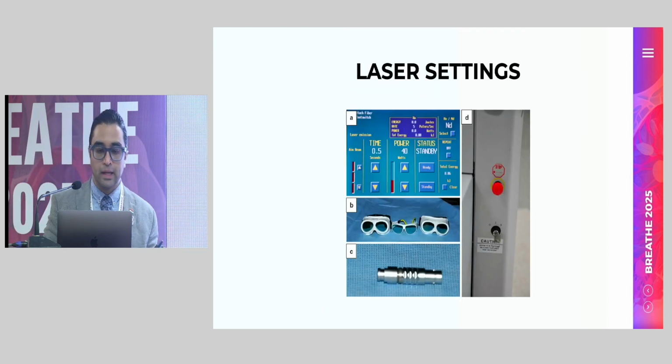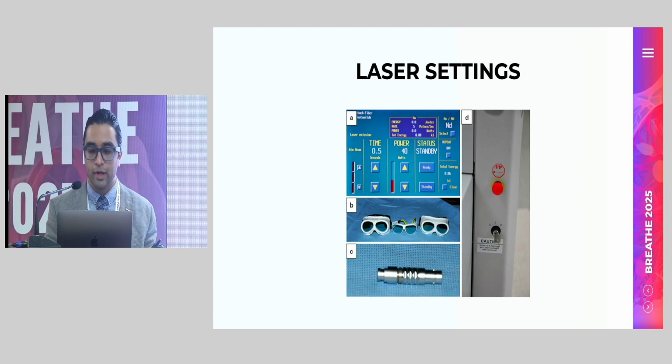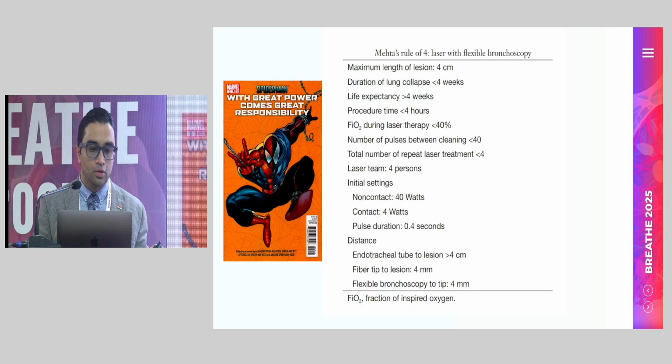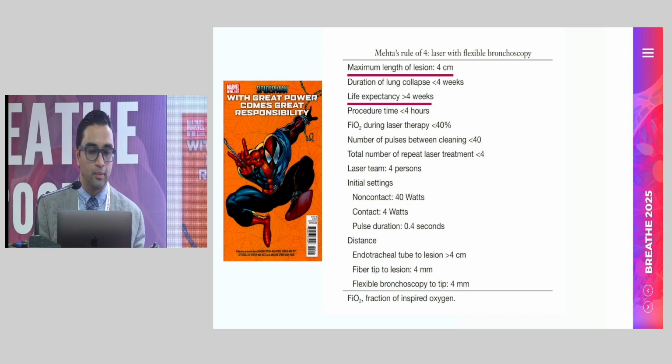There are different settings, and unlike the previous tools, you need to wear laser glasses. You need a special setup wherein laser can be performed, and a team of dedicated technicians who have already used the laser. This is Dr. Atul Mehta's rule for laser: the maximum length of the lesion should be 4 centimeters, the life expectancy should be more than 4 weeks, and the procedure should not last more than 4 hours.